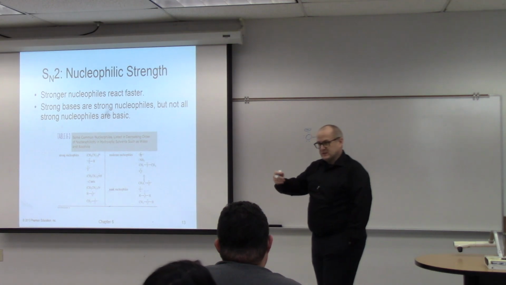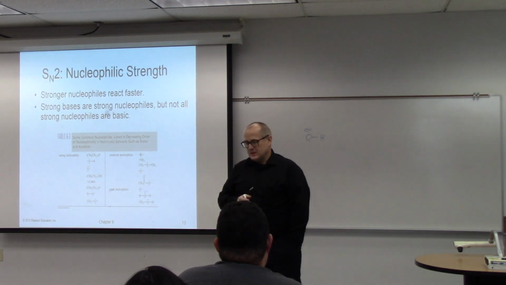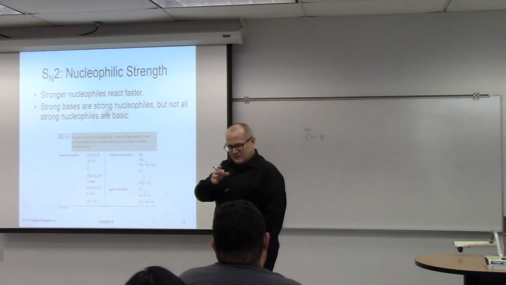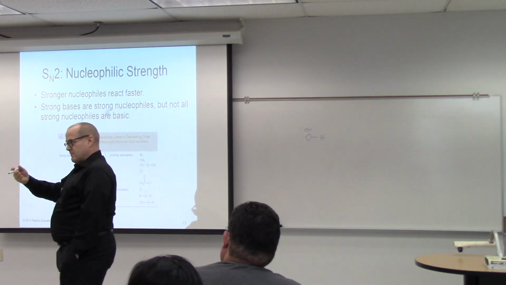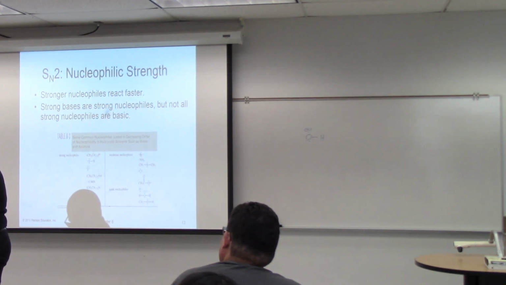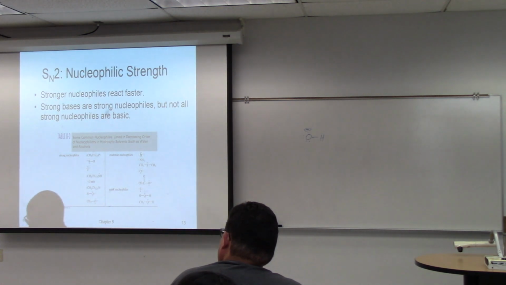What's a Lewis acid? Electron pair acceptor. Okay? So, think about Bronsted acids. Bronsted acids donate a proton, right? Bronsted bases accept protons, right? So if a base attacks a proton, it's a base, right?